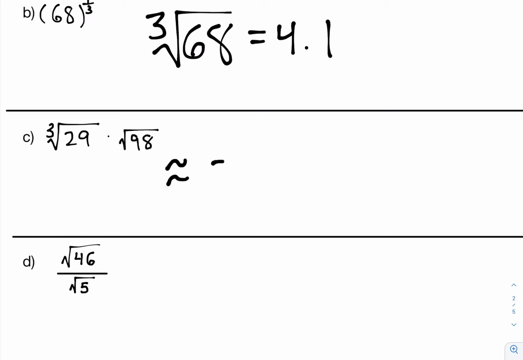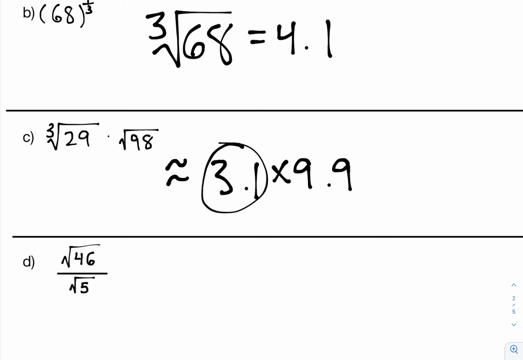So this is approximately 3.1, and the square root of 98: 100 is probably the closest perfect square. The square root of 100 equals 10. So the square root of 98 is going to be about, I'd say 9.9, because it's just under. So it's going to be 3.1 times 9.9, about.